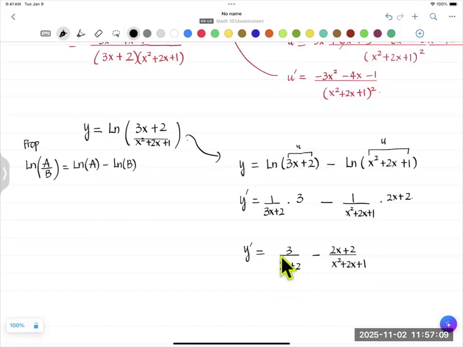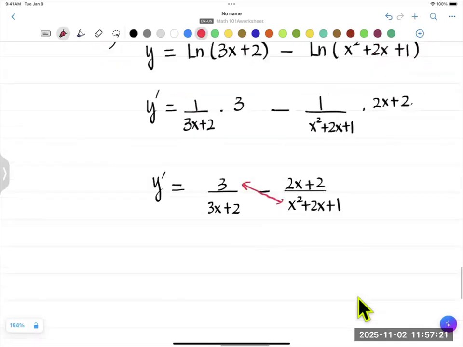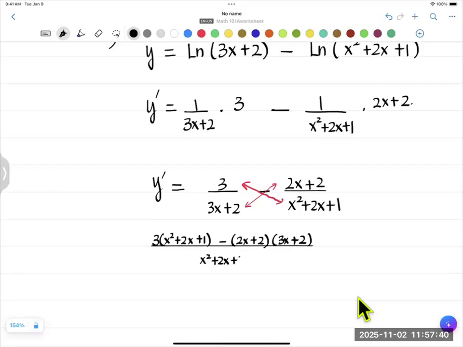Okay, if you want to leave your answer like this, it's fine. If you want to double check whether your answer matches, you can also expand by multiplying the numerator and the denominator, right? So multiply this, we have 3 times (x squared plus 2x plus 1) minus (2x plus 2) times (3x plus 2), and then all over (x squared plus 2x plus 1) times (3x plus 2).